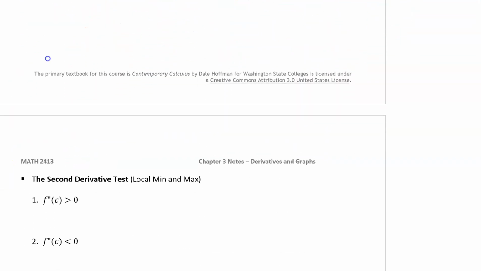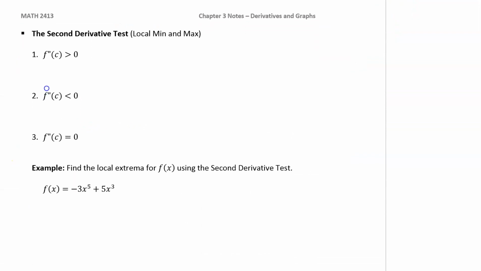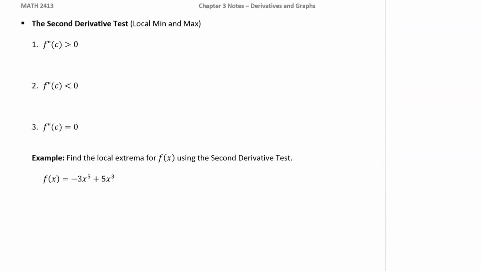Now, concavity comes in handy in some other ways. If we know that we can use our first derivative test in order to find critical numbers, then using the concavity, we can even jump steps and figure out local minimums and maximums. And so this is where the second derivative test comes in handy in finding local mins and maxes.